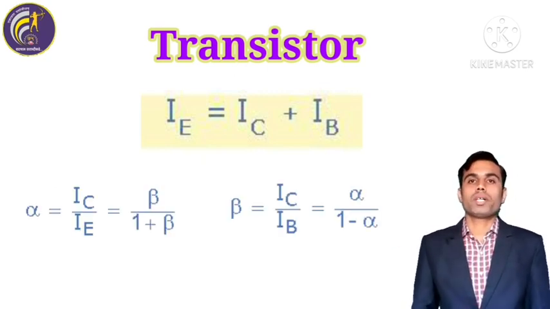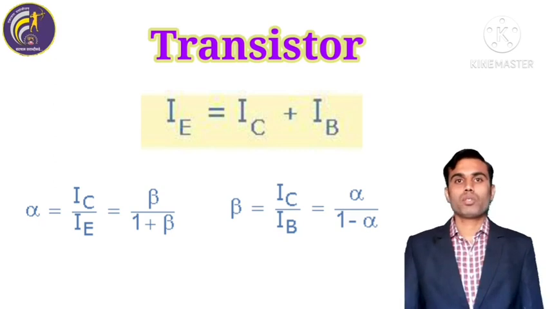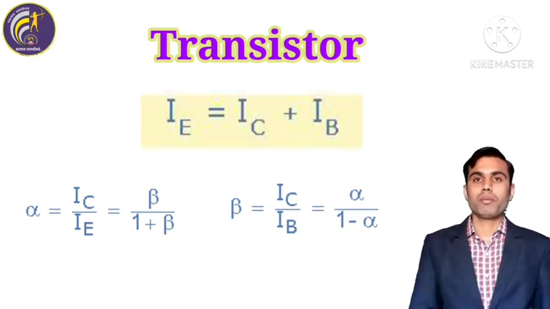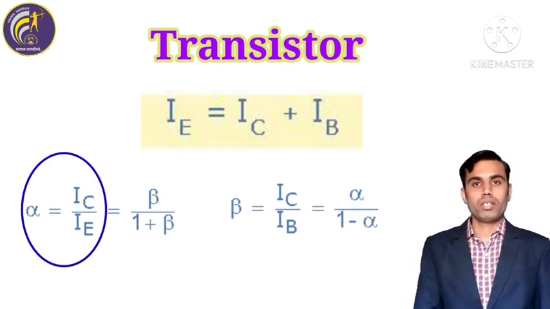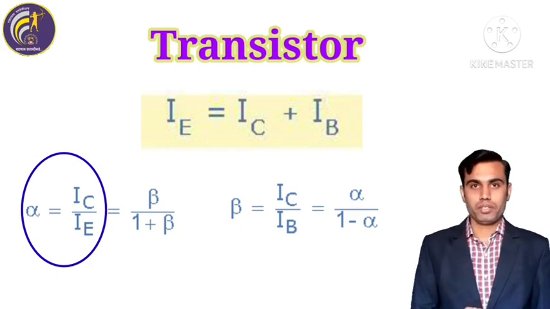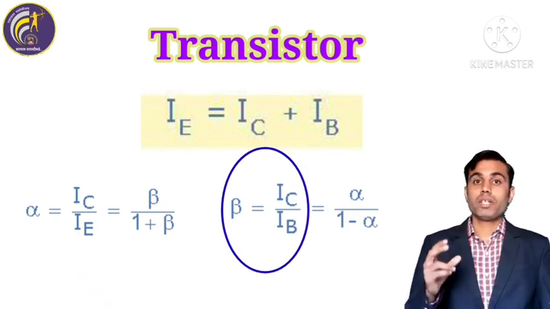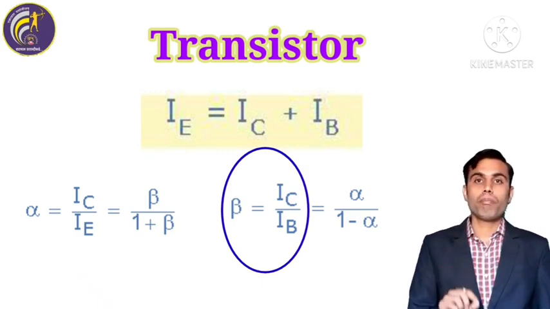There are two current ratios given in case of a transistor, alpha and beta. First is alpha, the ratio of collector current to emitter current. The second ratio is beta, which is the ratio of collector current to base current.